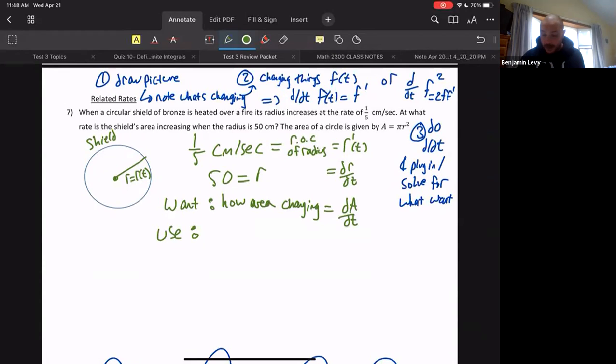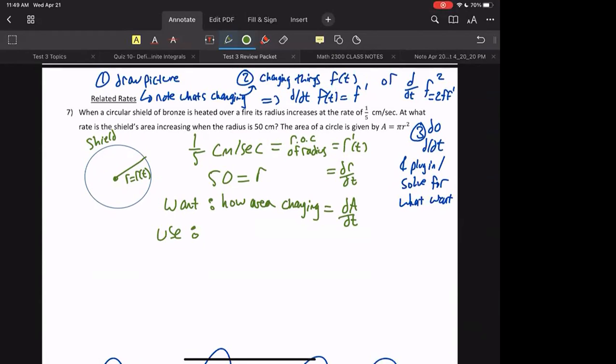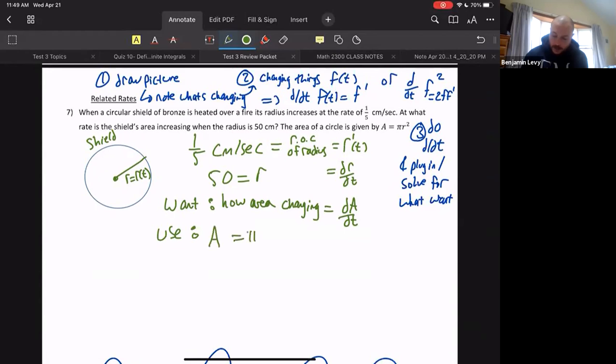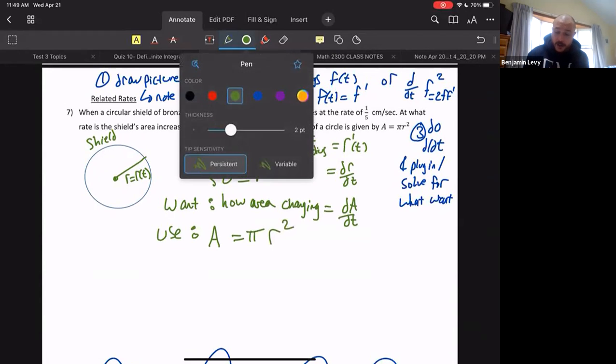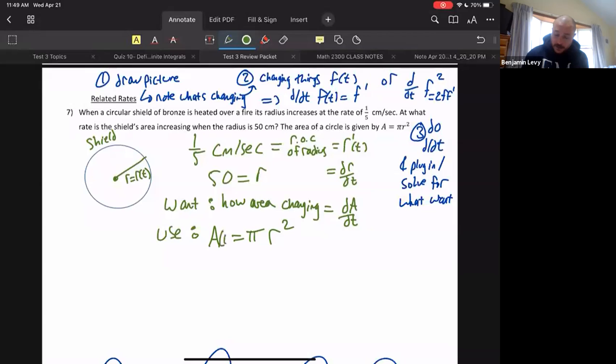And what formula are we being told to use here? A equals pi r squared, the area of a circle. But I'm going to note here, A is a function of time and radius is a function of time, because when the radius changes, the area changes.